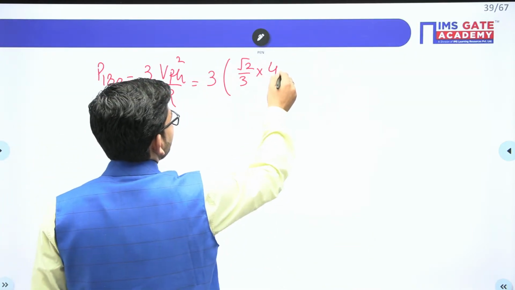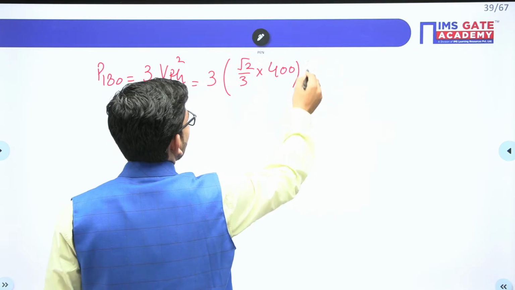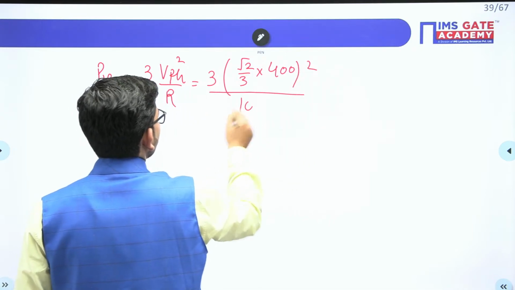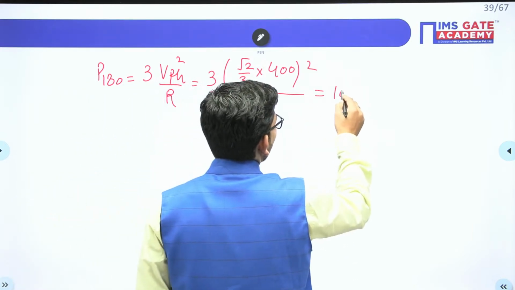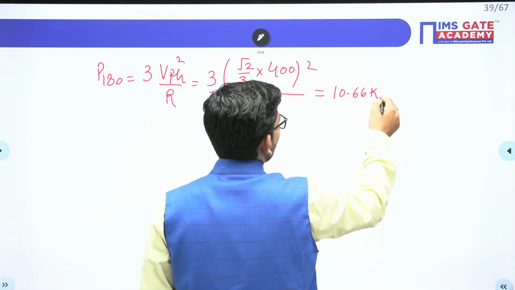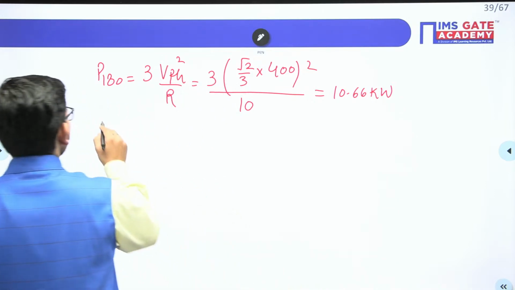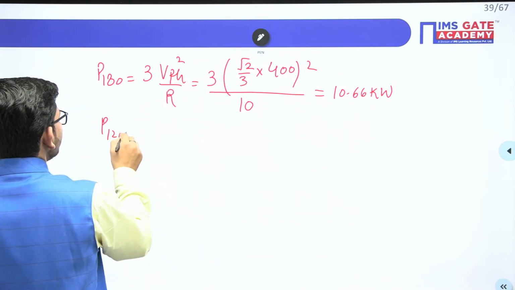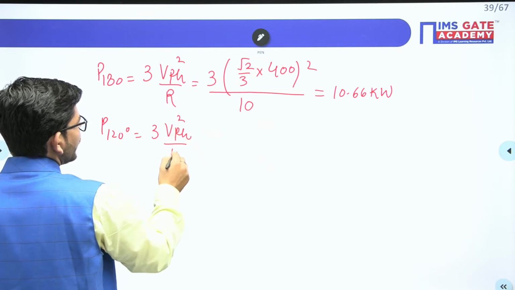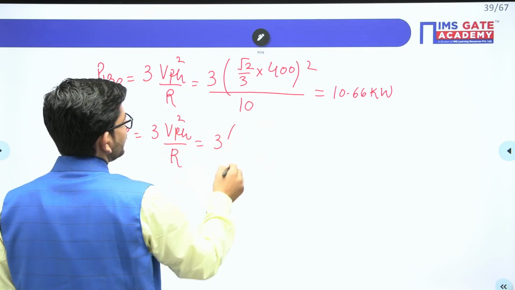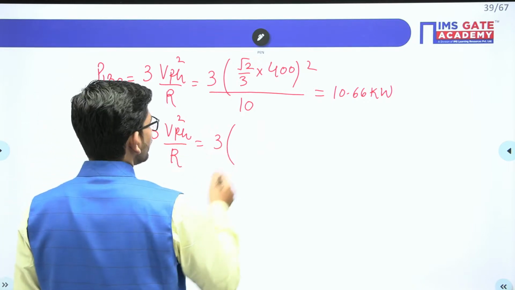So that value is 400 square divided by the value of resistance is 10 ohm. So when you will solve it, you will get 10.66 kilowatt of power. Similarly, in case of 120-degree inverter, this is 3 V phase square by R, or 3, what is the V phase voltage in case of 120-degree inverter?